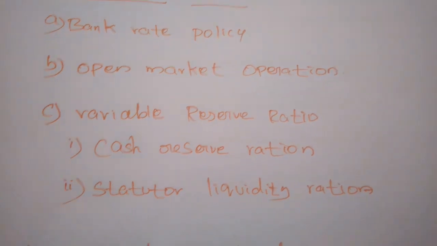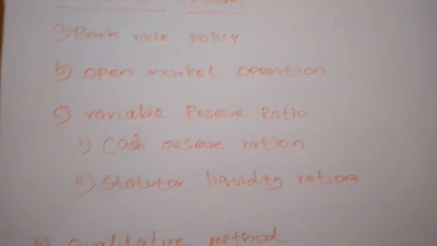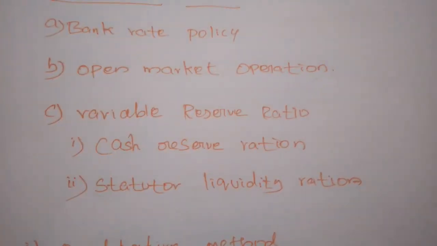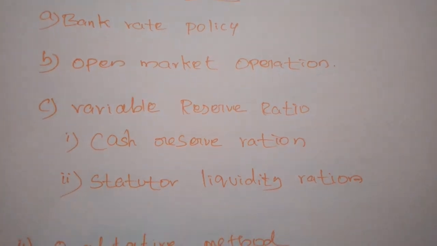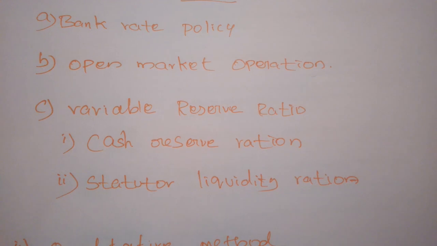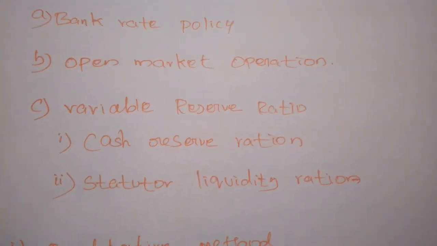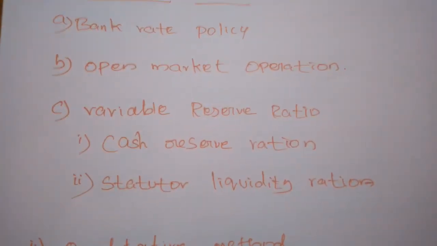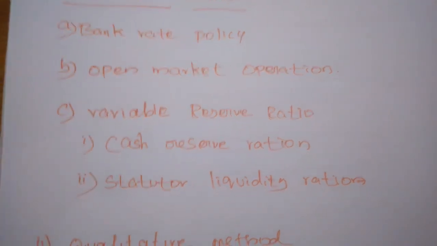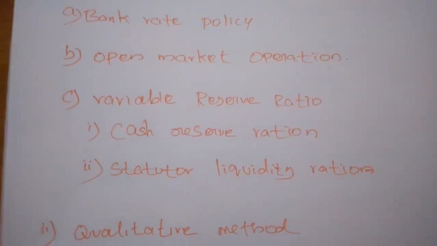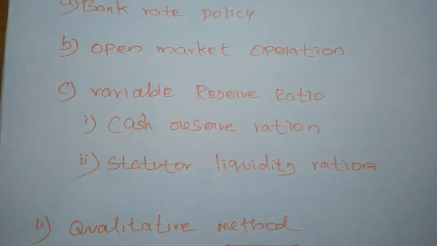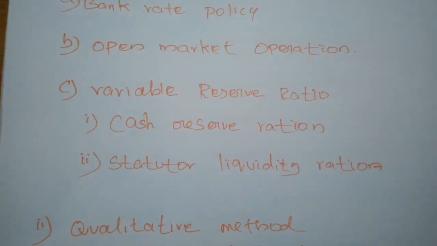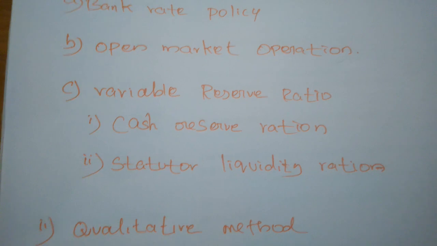Normally, on behalf of the government, the Reserve Bank of India purchases and sells the securities on the basis of inflation and deflation. In the time of inflation, the Reserve Bank of India will sell government securities to the public, and in the time of deflation, it will purchase the securities from the public.